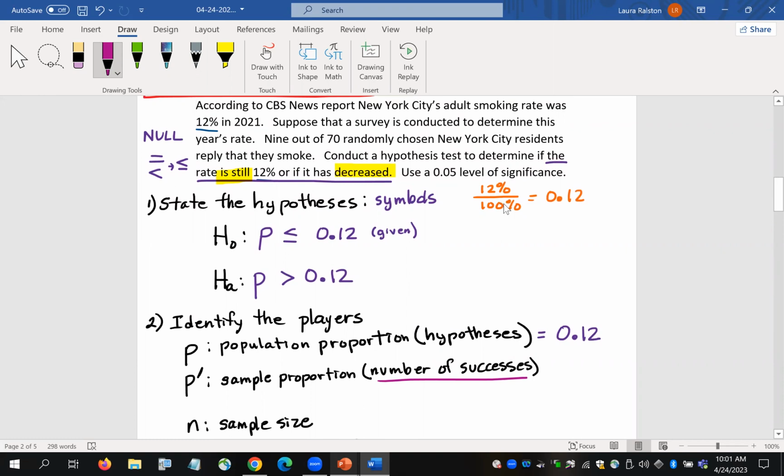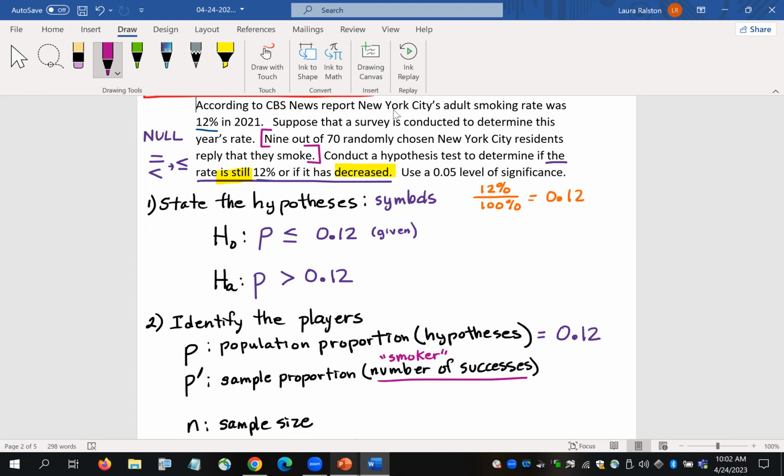So a success in this scenario is that a person smokes. And they give you in this third sentence, it says 9 out of 70 randomly chosen New York City residents reply that they smoke.